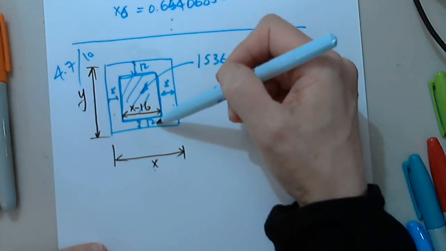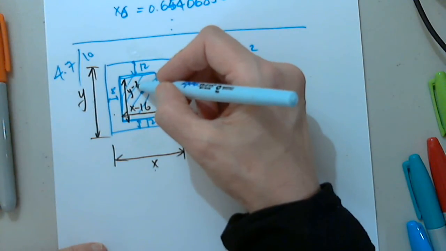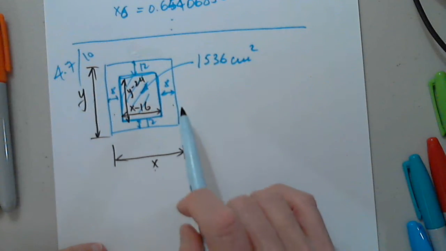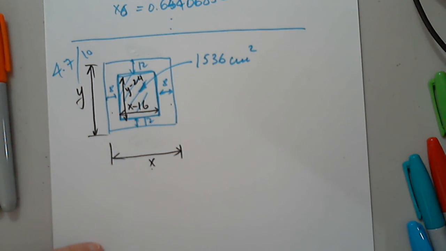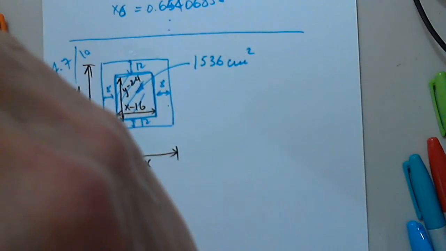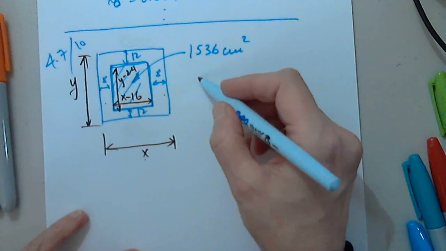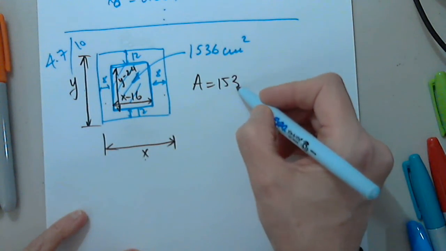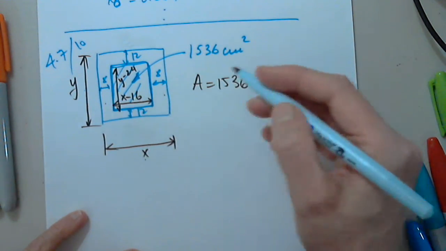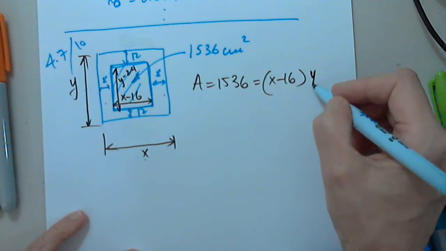And this is 12 and 12, so this must be Y minus 24. I highly recommend looking at the problem we did last time as well. So this area, which is 1536, is the same as X minus 16 multiplied by Y minus 24.